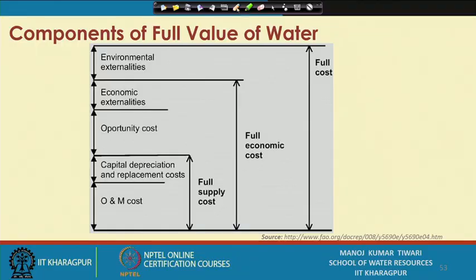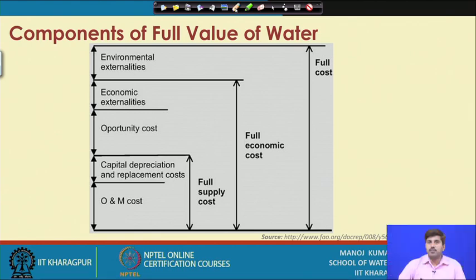If you see the components of the full value of water, we have already discussed the different costs or different values of water. Generally, when water services or water is supplied either for irrigation or for domestic purposes, the full supply cost typically includes the capital cost and the O&M cost.